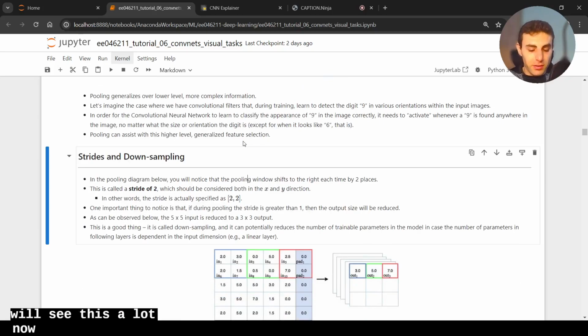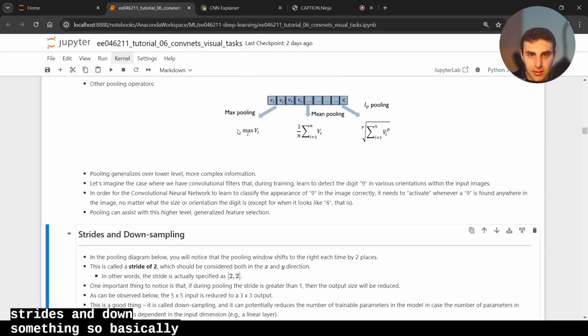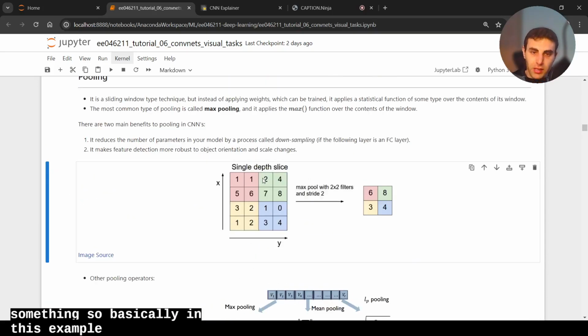Now, more terms that we need to cover are strides and downsampling. In this example, I told you that by performing pooling, we reduce the resolution from 4 by 4 to 2 by 2. But what I did not tell you is that we actually moved the window by 2.